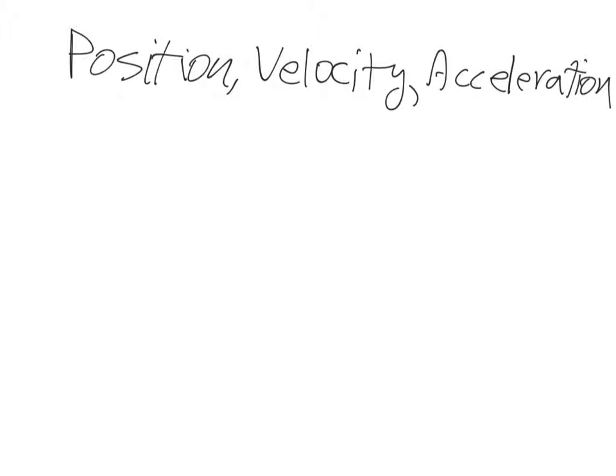Given a position function, what's the maximum height? Well, for maximum height, you first have to find the velocity, and then where is the velocity 0? That's where it reaches its height and then starts to fall back to the earth. So find the time when the velocity is 0.